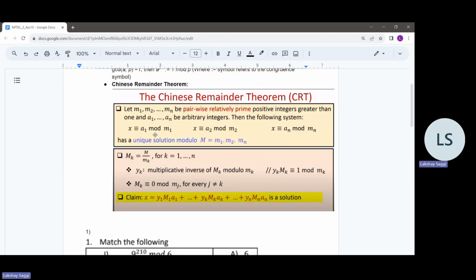And we have this capital M equal to 2 times 3, which is 6. So now to find the value of x, we just need to define these variables. This is just a formula-based thing, and we just need to plug in the values of m1, a1 and so on.